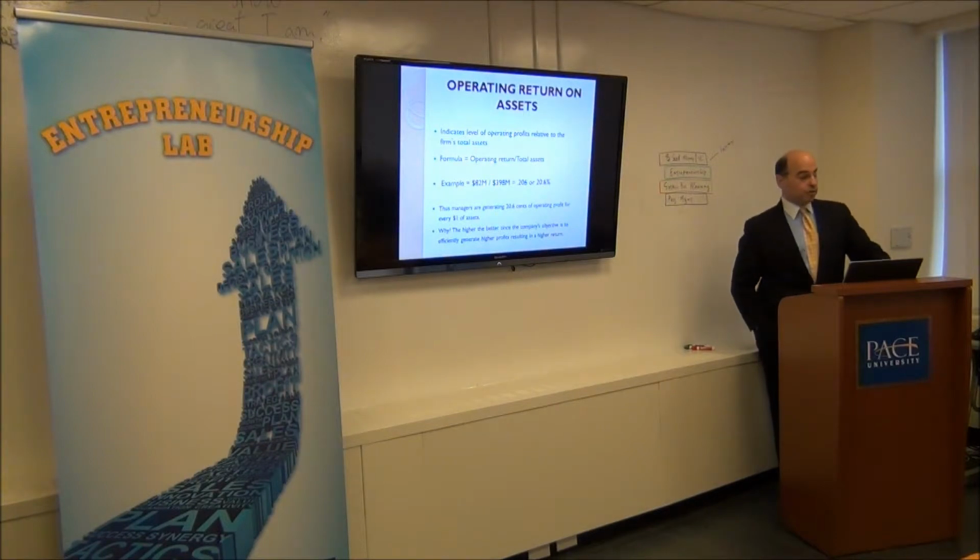That the managers, business owners, are generating 20.6 cents of operating profit for every $1 of assets. That's great. But you'll see at the end of each ratio I have this bullet point, why? And that's what you need to ask yourself: why? What's our objective? To generate profits. I've accumulated all of these assets. What are they doing for me?